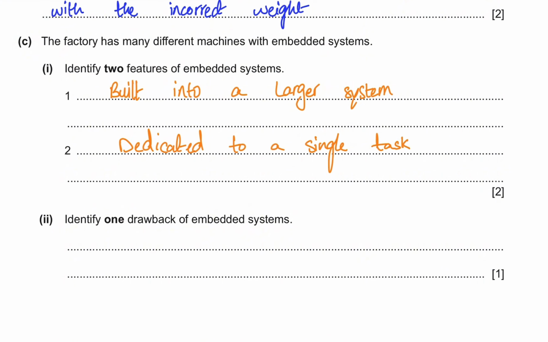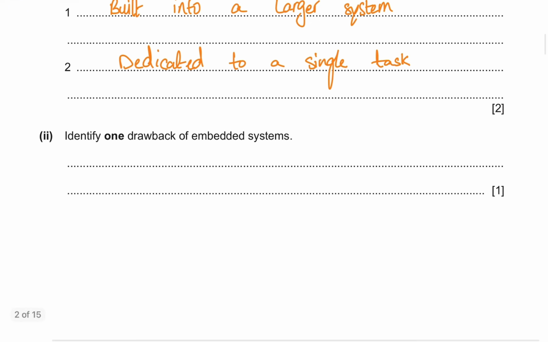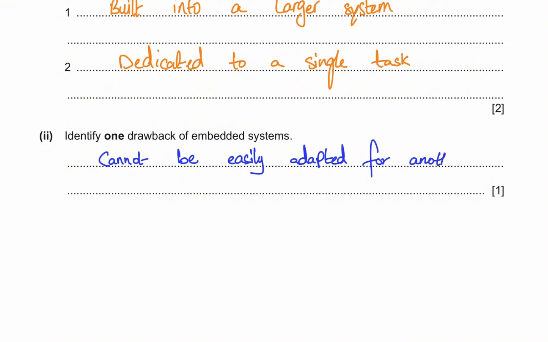One drawback of an embedded system is that it cannot be easily adapted for other tasks.